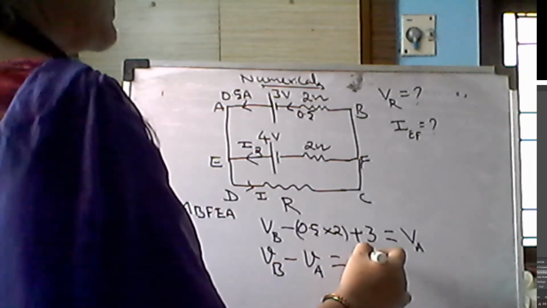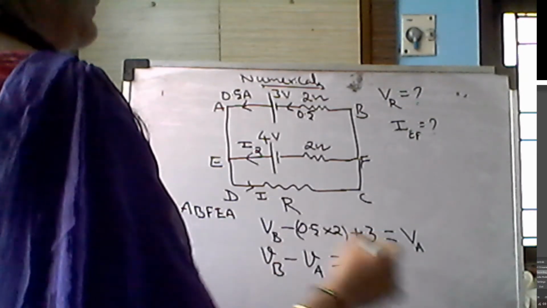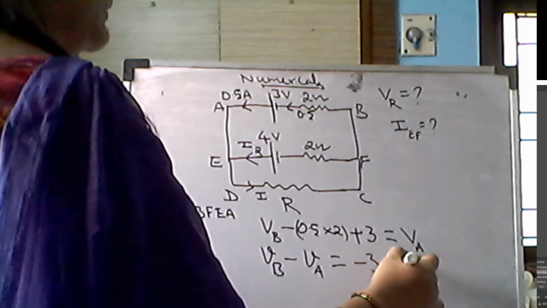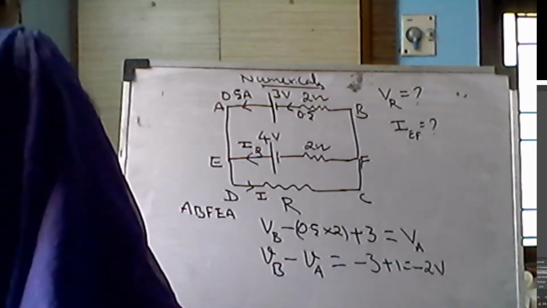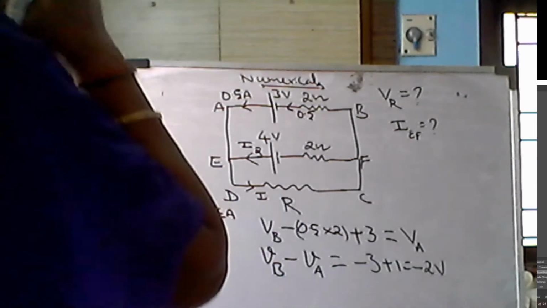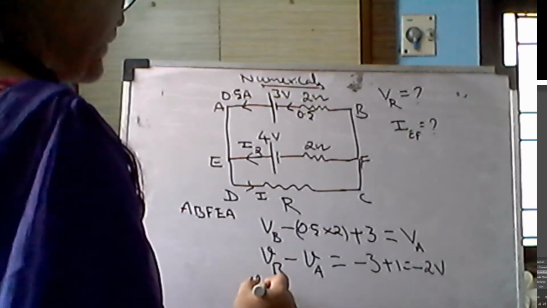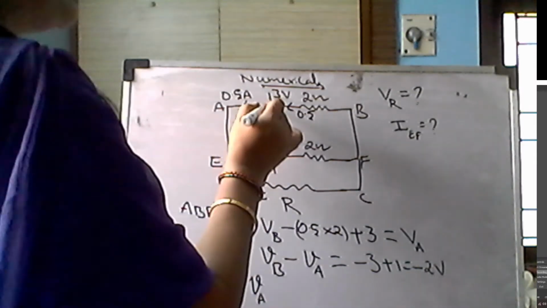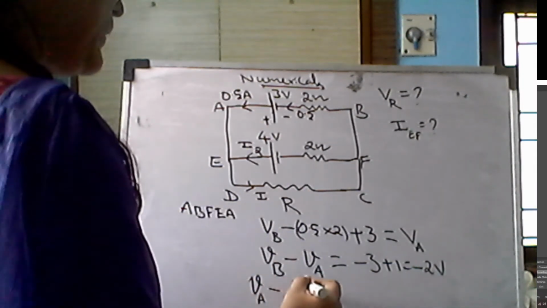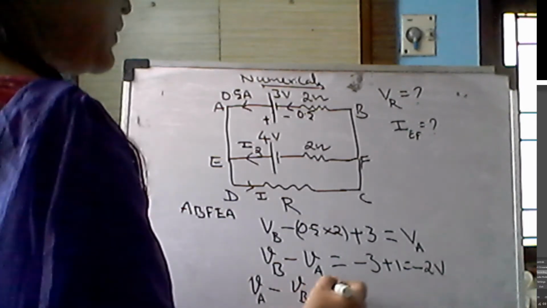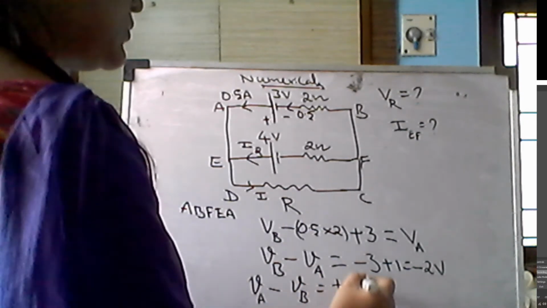You can take it outside, 3 and this is plus 1, that is minus 2 volt. VB minus VA is minus 2 volt. Or VA minus VB is, because here only the potential is small, so VA minus VB is nothing but plus 2 volt.